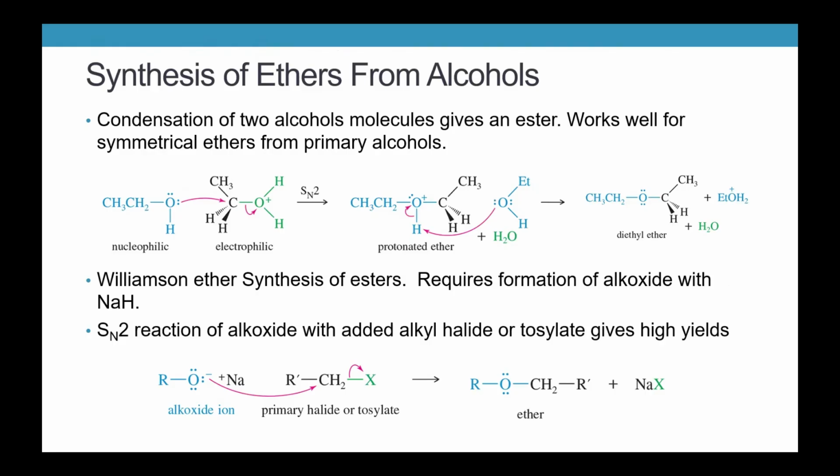So I'm just going to introduce this and then we will come back to it when we talk about ethers. Alcohols and ethers, their chemistry is very intertwined because we use alcohols to make ethers. And actually, I'm just going to rewrite this slide because it's too busy.